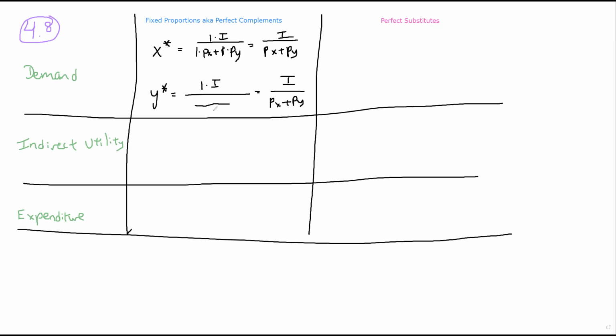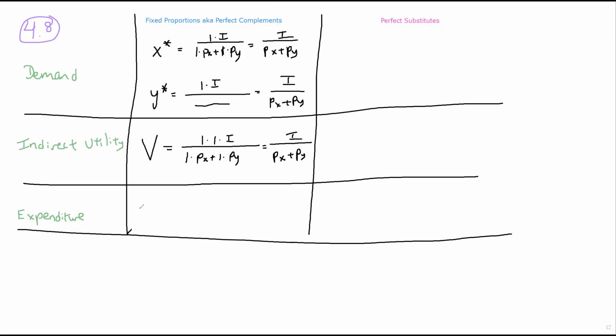Okay, cool. And then your indirect utility, I'll call it V, is A times B times I, which is still 1 times I over 1 times price X plus 1 times price Y. Okay, cool. It ends up being, once again, I over price X plus price Y.